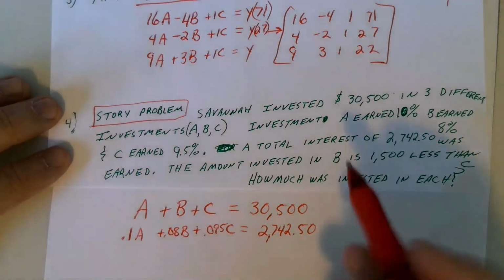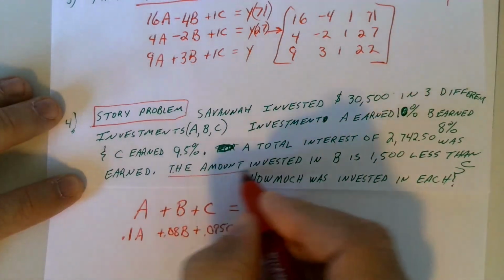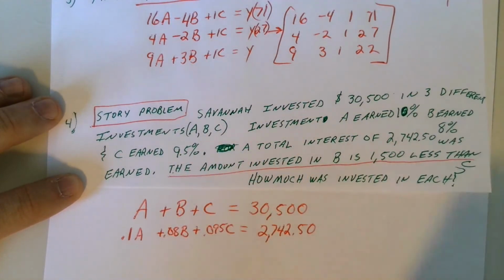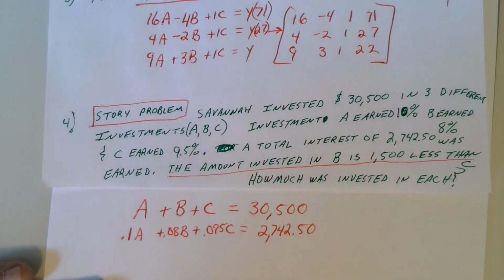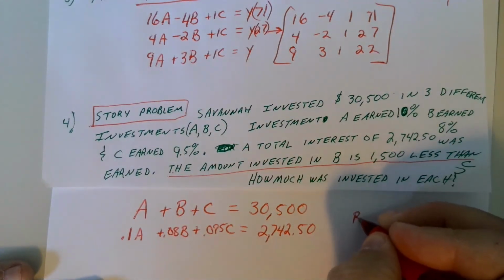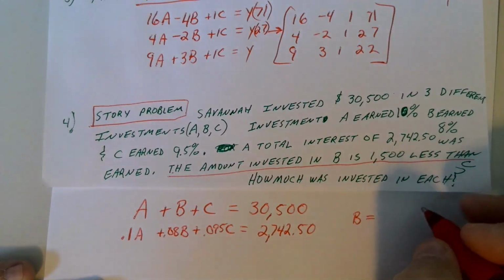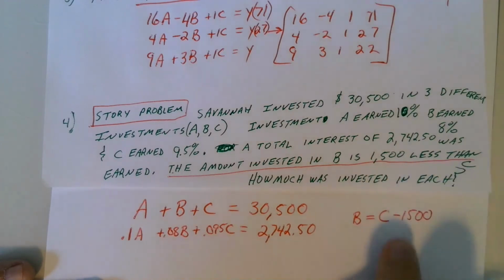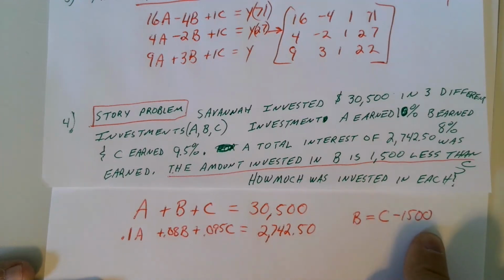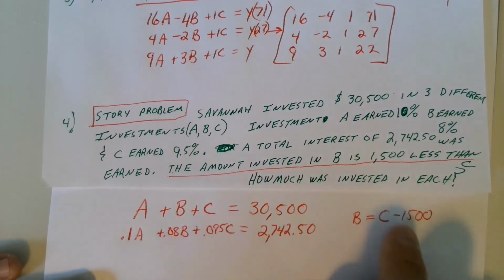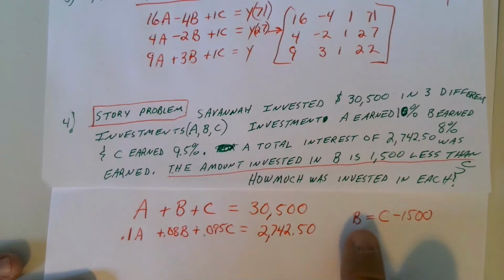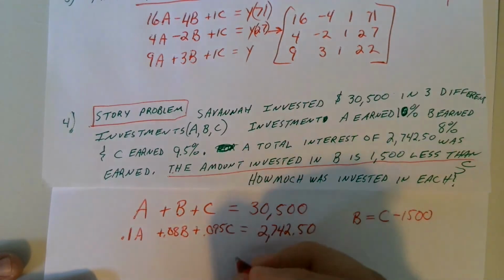So I have to go back and look at this, and it says right here, the amount invested in B is $1,500 less than C. So if I write that over here, that B equals $1,500 less than C, I have a third equation. But what I have to do is line up that equation with these equations. So I know, here's my equal sign, right?